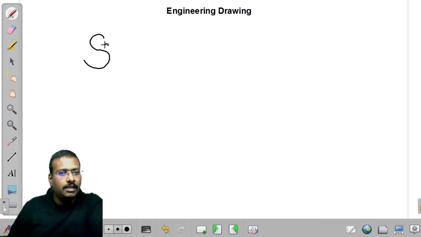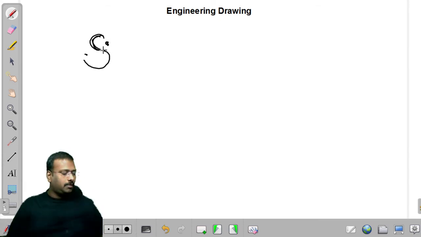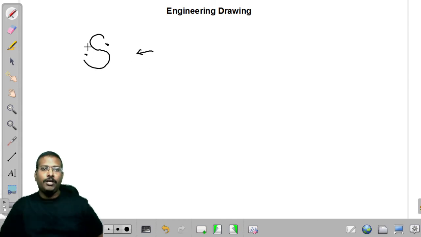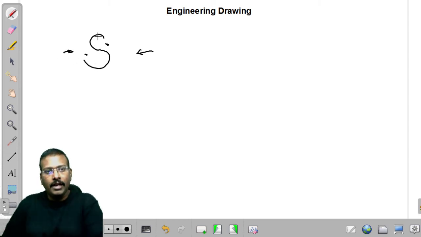If the center changes from one side to another side, for this particular part, the center is lying at this place. For this particular point position, the center is going to lie here. So if you observe from here, this is a concave shape, and this is a convex shape.